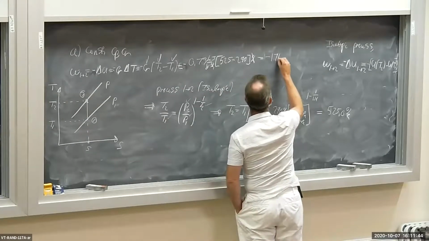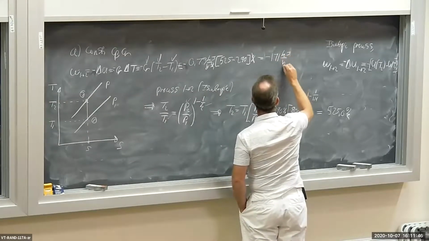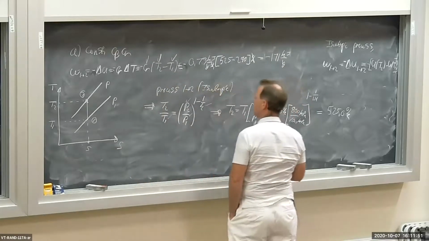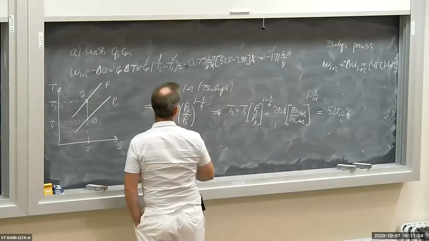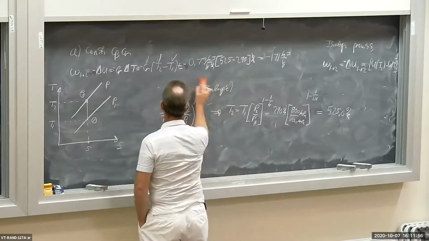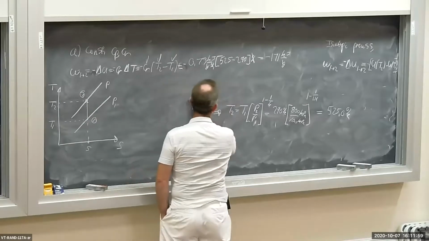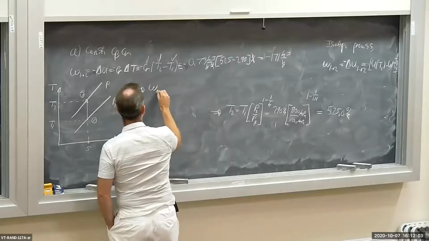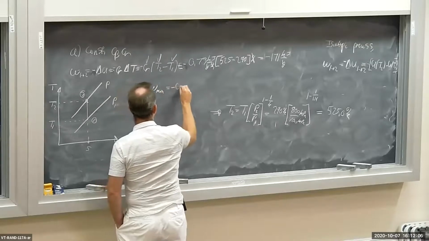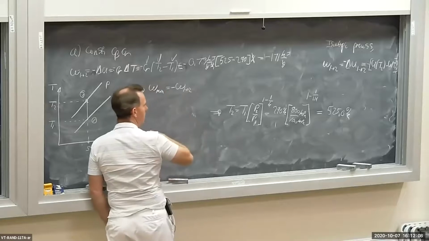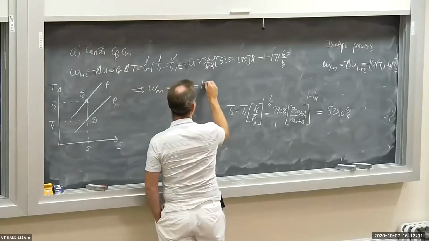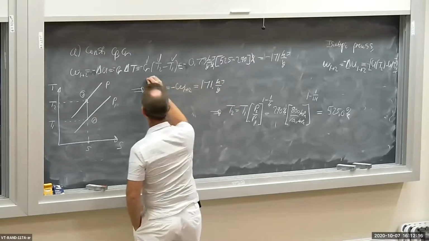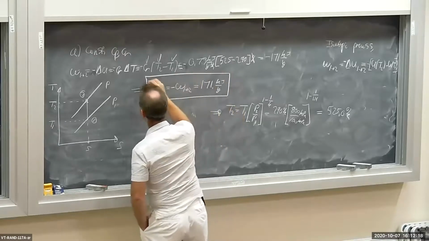In other words, W min equals minus W1 to 2, which is equal to 171 kilojoule per kilogram. That's the minimum work required to compress the air.